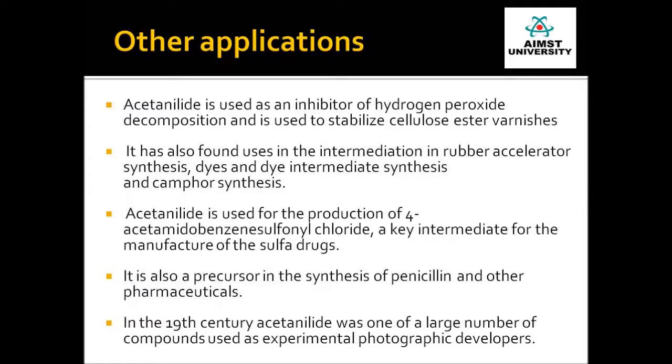Acetanilide is used for the production of 4-acetamidobenzene sulfonyl chloride, a key intermediate for the manufacture of sulfa drugs. It is also used as a precursor in the synthesis of penicillin and other pharmaceuticals. In the 19th century, acetanilide was one of a large number of compounds used as experimental photographic developers.